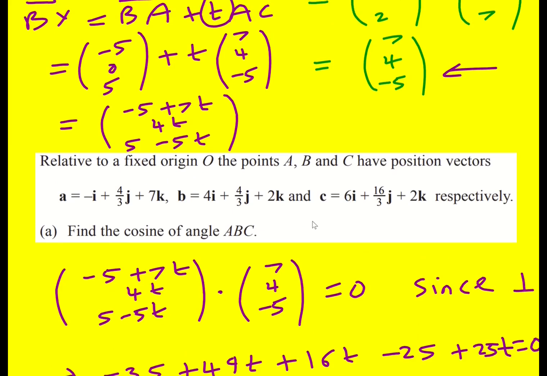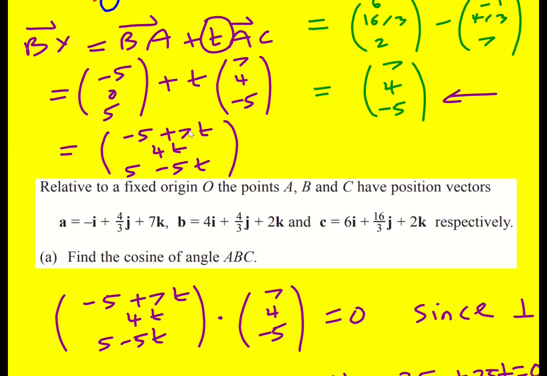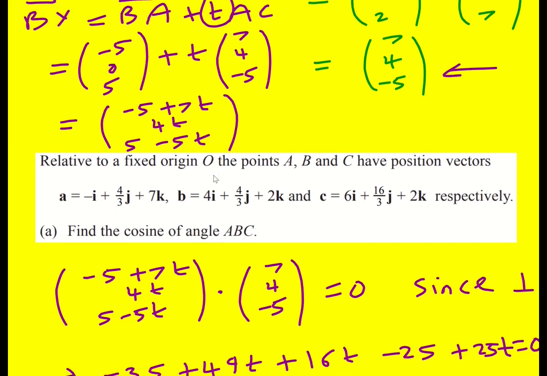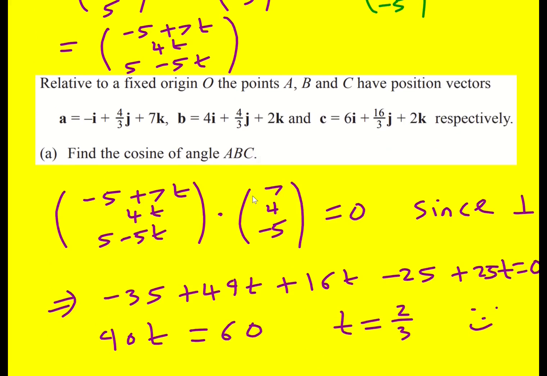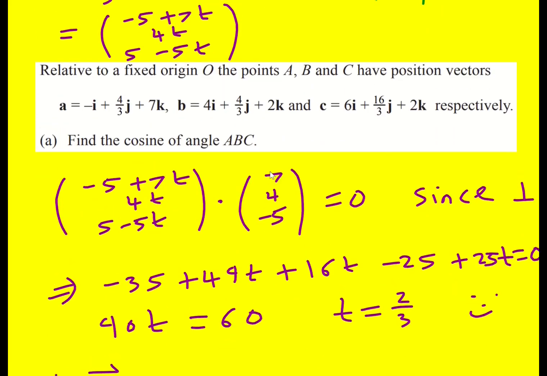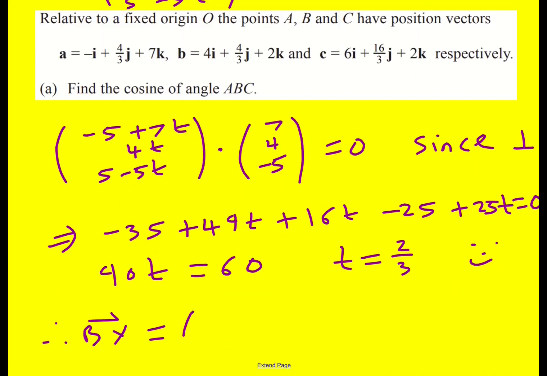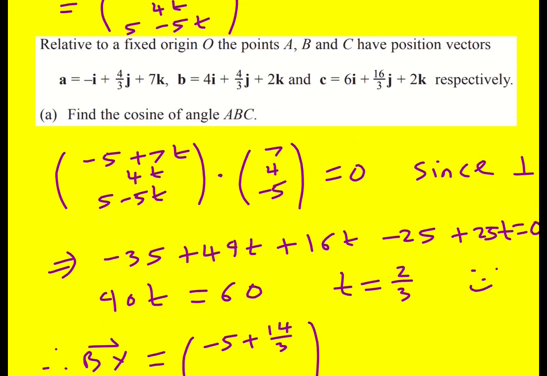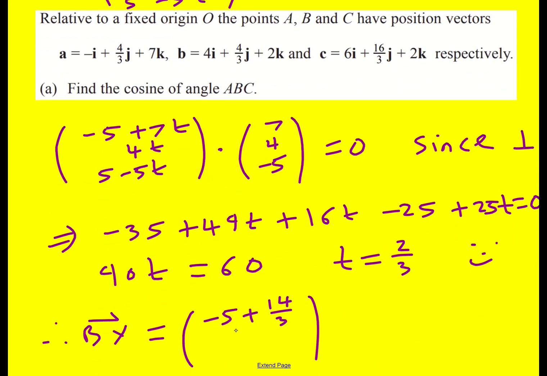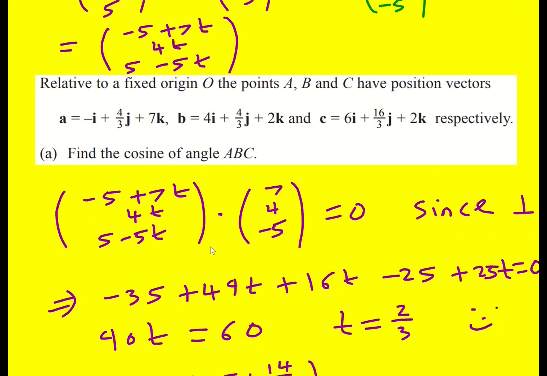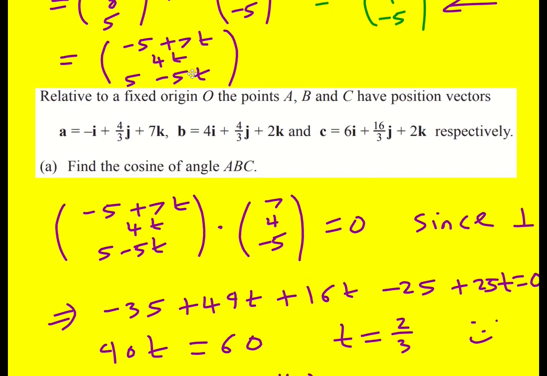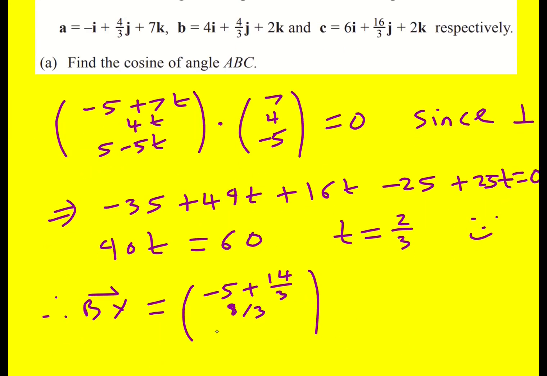is going to equal, remember we had it here, we just need to substitute in 2/3, which is not particularly nice. So it's going to be minus 5 plus 14 over 3, and then 4 times 2/3, which is 8/3, and then 5 minus 10 over 3.